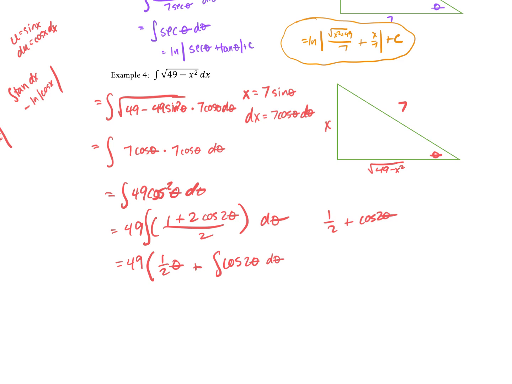Because the integral of 1/2 with respect to theta is 1/2 theta. Can't you just do the integral of cosine 2 theta? You can. So that would be 1/2 sine 2 theta, plus C.